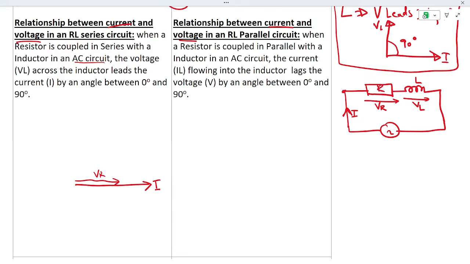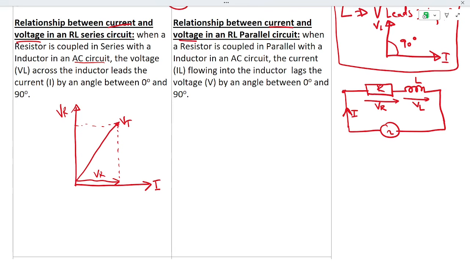How is your inductor voltage? Your inductor voltage is going to lead the current by 90 degrees. That is your inductor vector, VL. And then the last thing you have to do is you just project there, for you to be able to determine your total voltage. That's it. That's how easy this is.